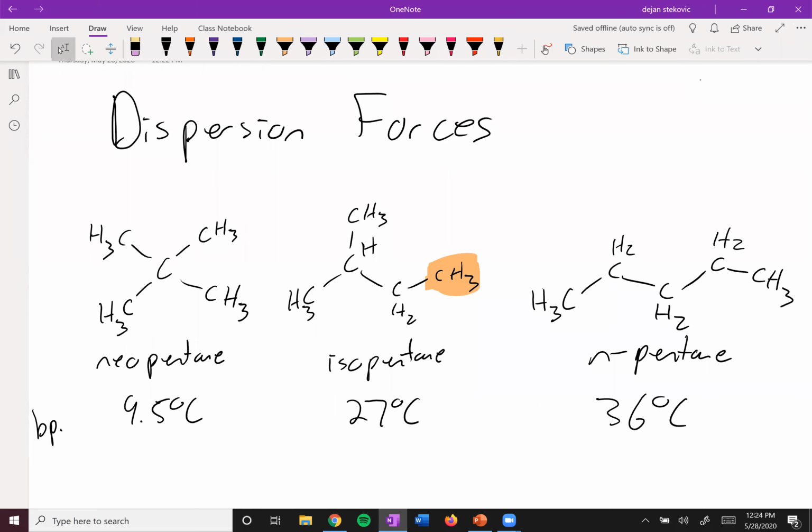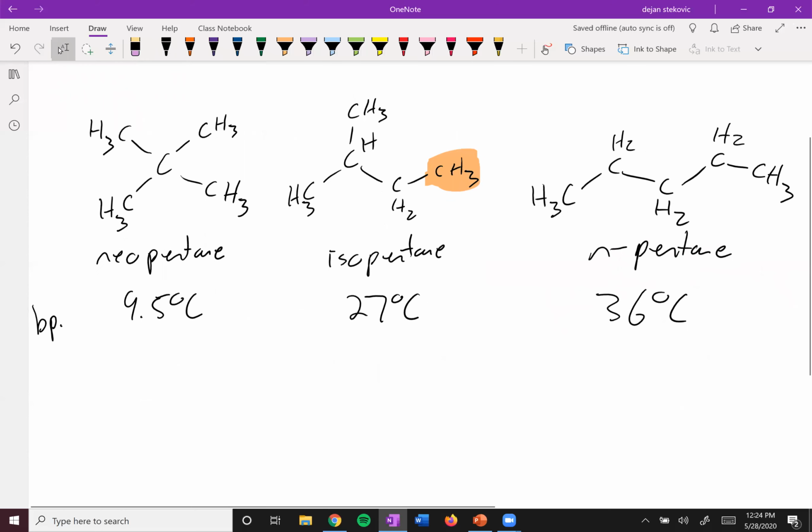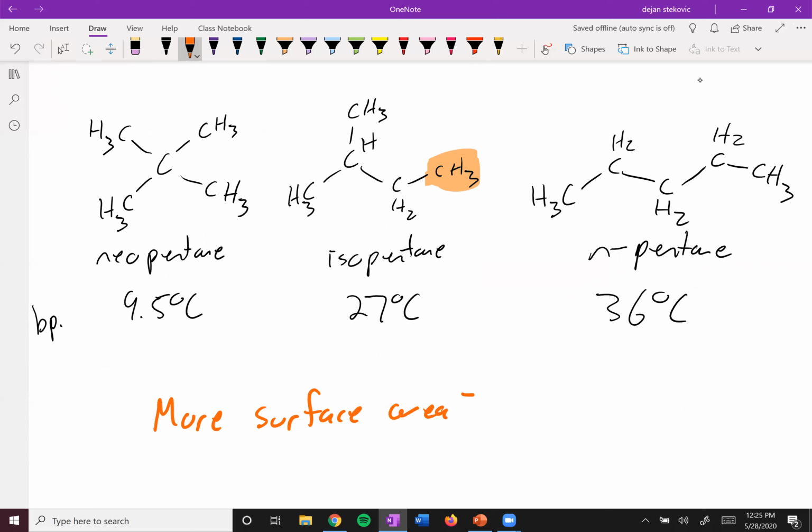And so what this is coming down to, because London dispersion forces need to make physical contact with one another to work, is that the more surface area you have to make that contact, the stronger London dispersion forces you have. So more surface area equals stronger London dispersion forces, right?